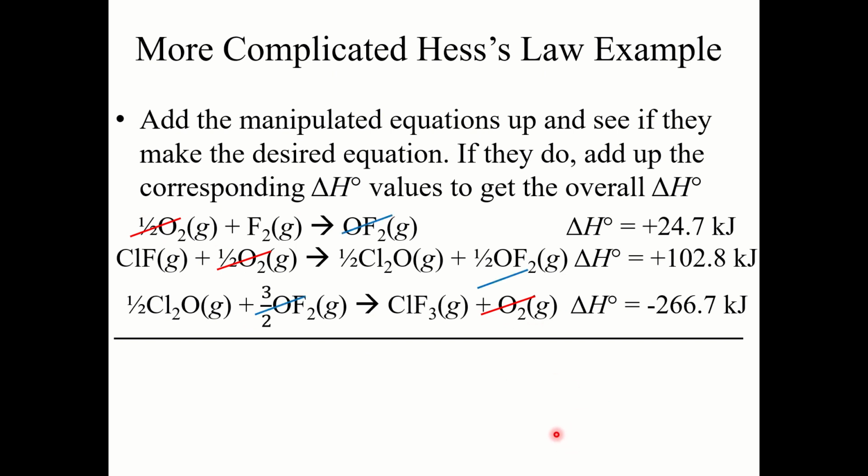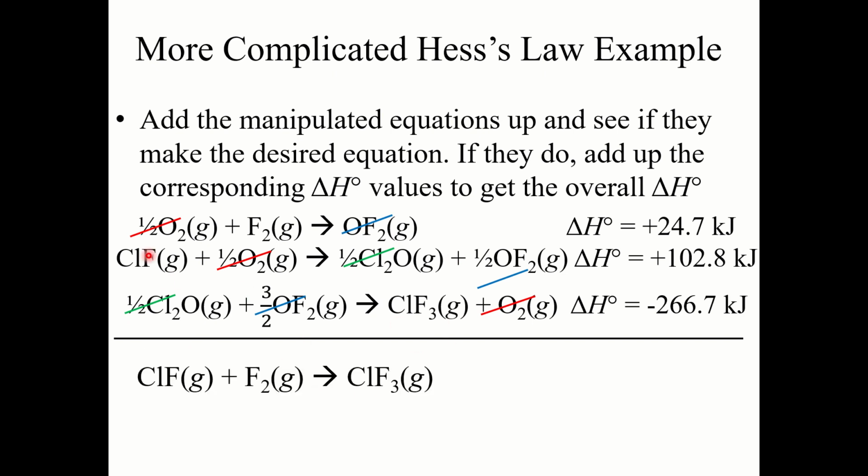Next, I look at OF2. I've got 3 halves OF2 on the left side, and on the right side I've got 1 and 1/2, which sum to 3 halves. So the 3 halves on the left side cancel with the 3 halves on the right side. Finally, look at Cl2O. I've got 1/2 Cl2O on one side and 1/2 Cl2O on the other, so those 2 halves cancel out.